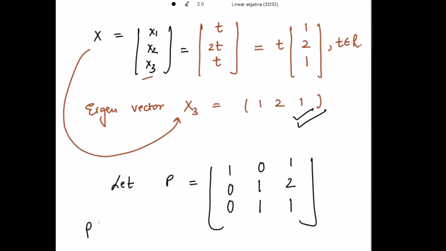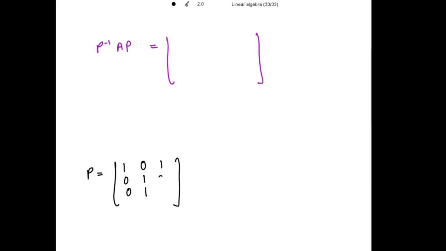And let's check whether P inverse AP is a diagonal matrix or not. So P inverse AP is equal to what? Where we have taken this P to be 1, 0, 0; 0, 1, 1; and 1, 2, 1. From here we get P inverse; please find this on your own.